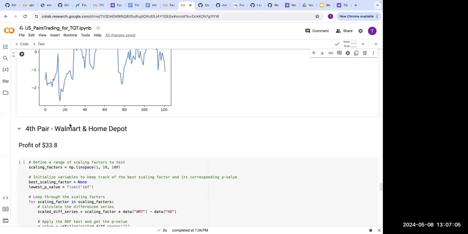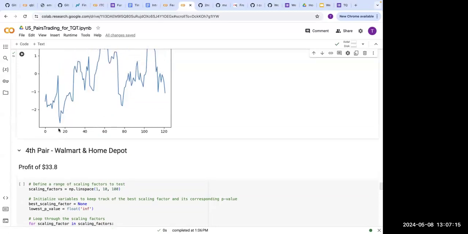Now let's take something that's given by both our p-value calculations and our insight. We know Walmart and Home Depot are serving a similar sector. They are doing things which are used in the home, like furniture, electronics, all those things.